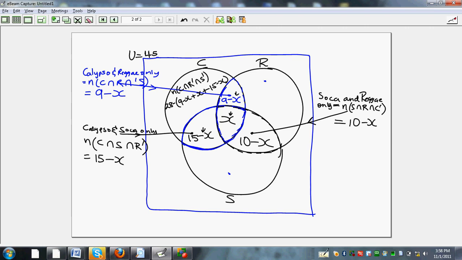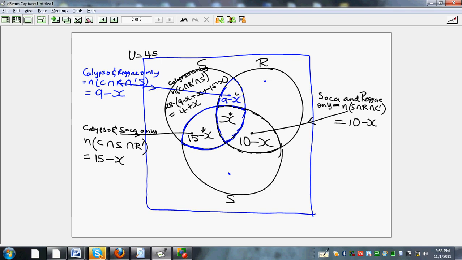That area there would be calypso only. Right? And when you evaluate this, the 28 minus all those areas, you would get 4 plus X. And in a similar fashion, you'll go ahead and get reggae only and soca only.